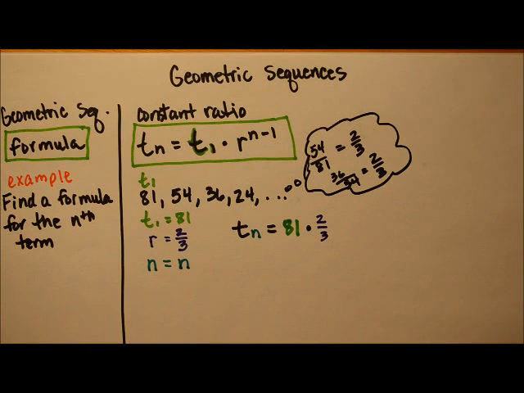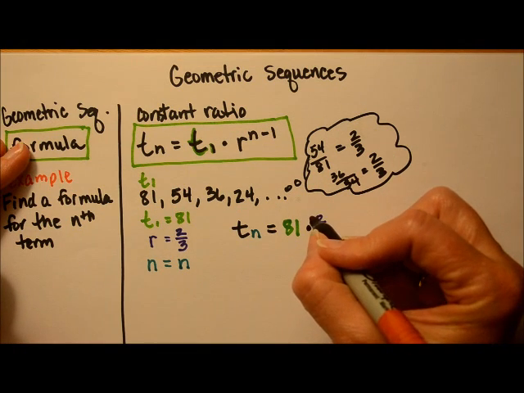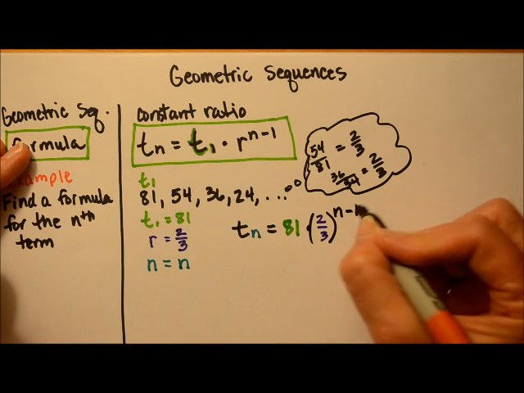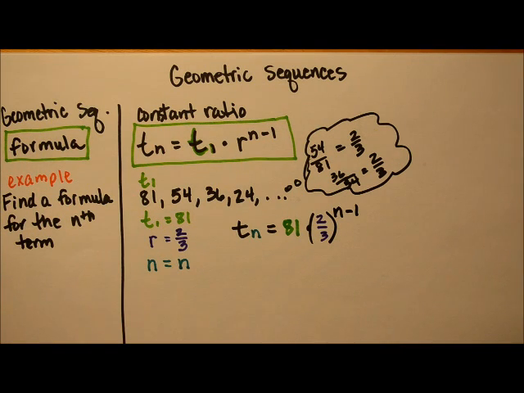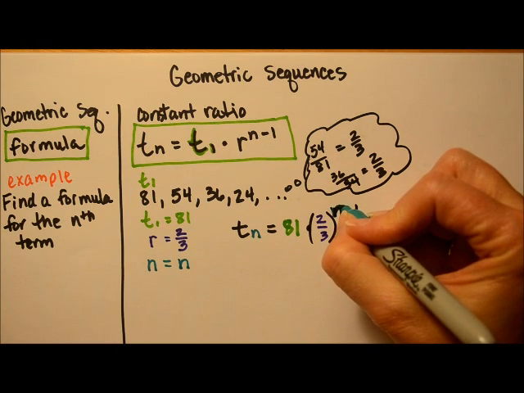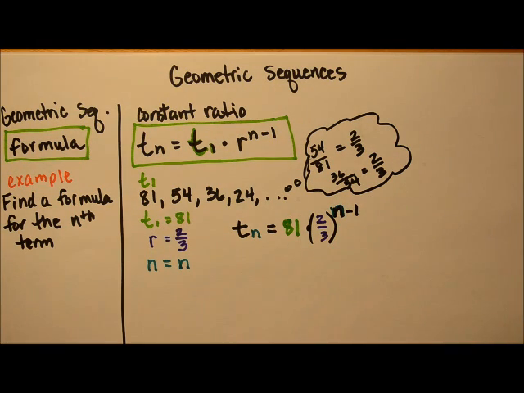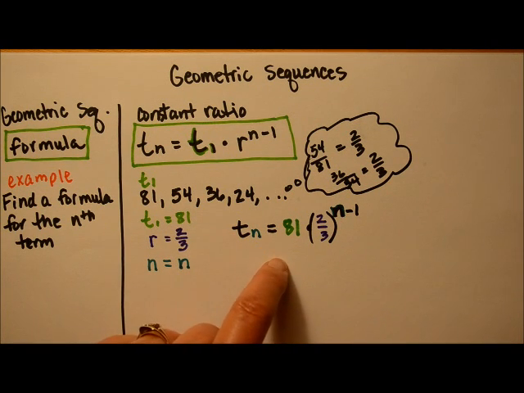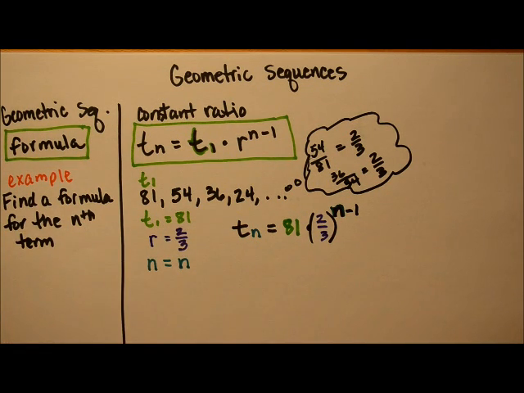And we're going to raise that to the n minus 1. There's my n. I'm going to put it in teal. Sorry, I messed my color scheme up here. Well, guess what? That is the formula for the nth term. That's it. That's all I have to do.